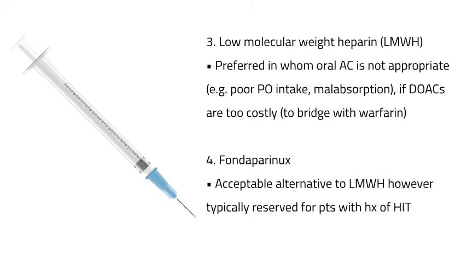So now that you've picked an appropriate anticoagulant for your patient, your hemodynamically unstable patient who was on unfractionated heparin could now have become stable, and now you've also transitioned them to an appropriate anticoagulant that they can continue to take at home.